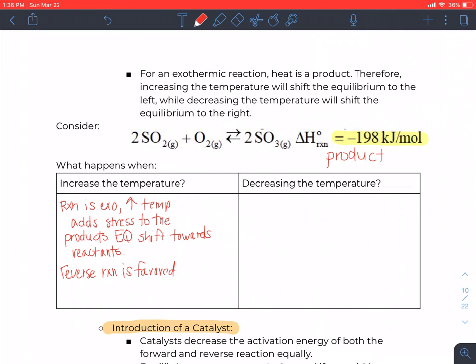Okay, so same problem, still exothermic, but we're decreasing the temperature, so we're taking some of that heat out.